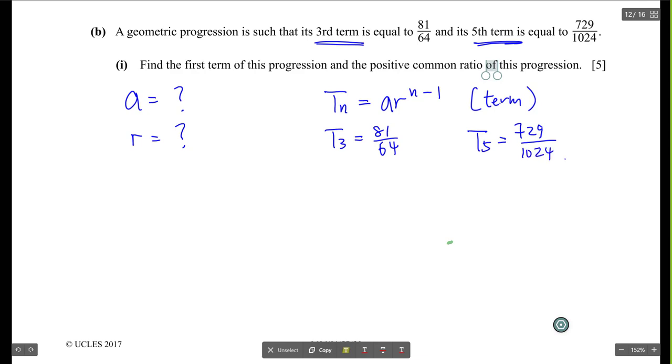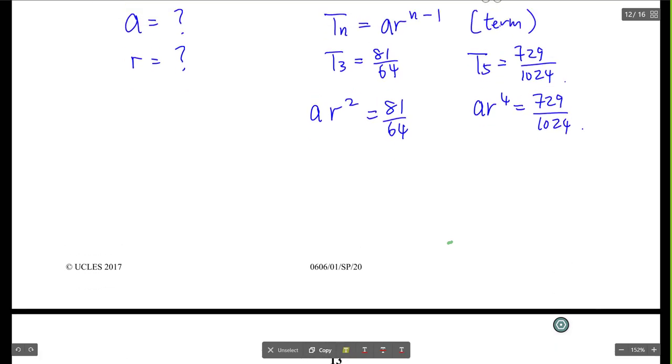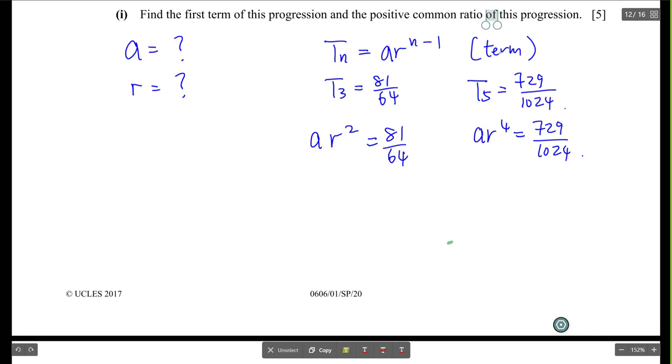Then I will just substitute in the formula. So T3 means AR to the 3 minus 1, which is 2, equals 81 over 64. This one will be AR to the power 4, because 5 minus 1 is 4, equals 729 over 1024. Then in order to get this one, what I will do right now is divide them.